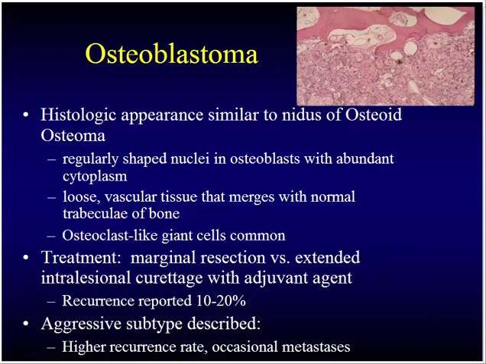Histologically, the nidus looks the same as the nidus of an osteoid osteoma. Again, irregularly shaped osteoblasts, abundant cytoplasm, loose vascular tissue, and you can see some giant cells in it as well. The treatment for osteoblastoma, much like chondroblastoma, giant cell tumor, and all these other locally aggressive benign lesions, is what we call an extended intralesional curettage, which means you open the lesion up, you see every nook and cranny.